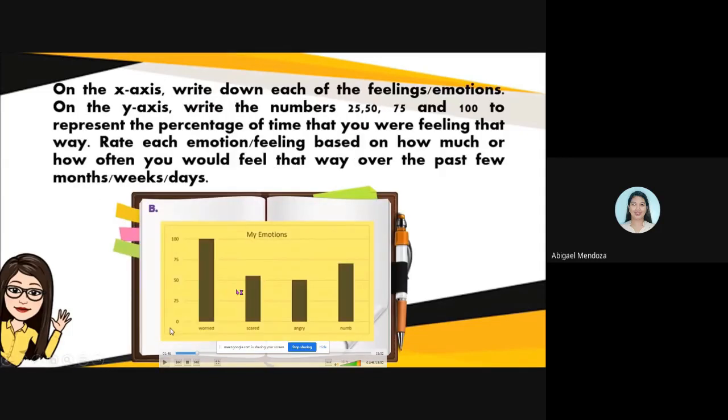This one. So as you can see, on the y-axis, that will be the percentage of what you feel, from 0%, 25%, 50%, 75%, up to 100%. Then, on the x-axis, you're going to write your feelings or emotions.